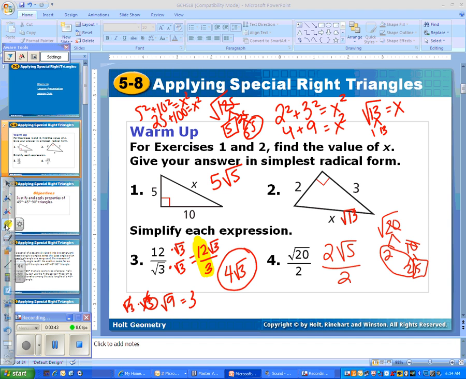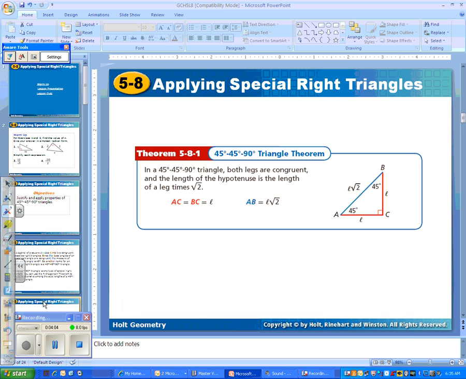And now, again, look at the whole numbers. What's 2 divided by 2? Well, that's 1. So your final answer is radical 5. So this still can be simplified. What I want you to remember is we still need to simplify radicals today, and we cannot have radicals on the bottom. It's a big no-no.